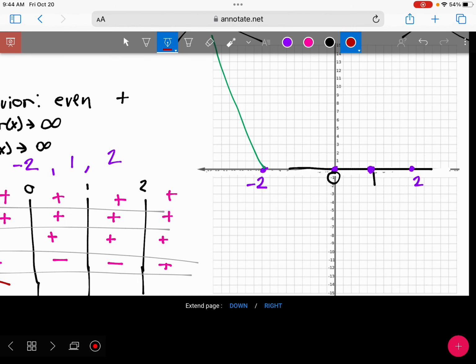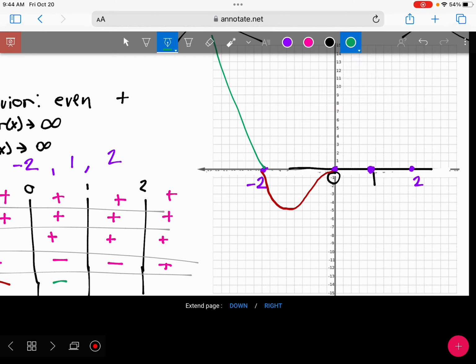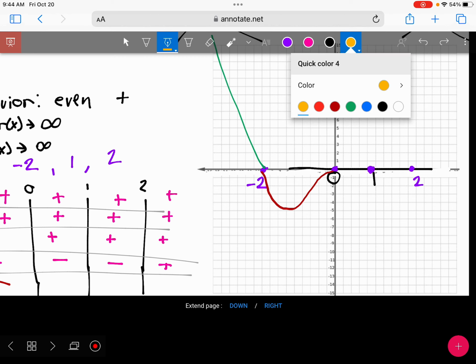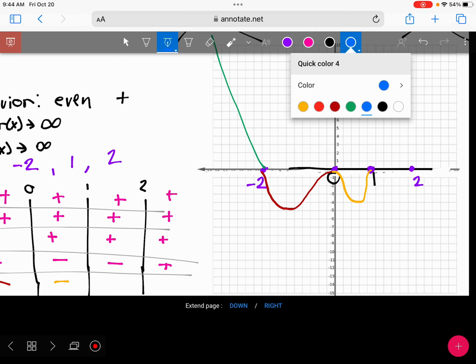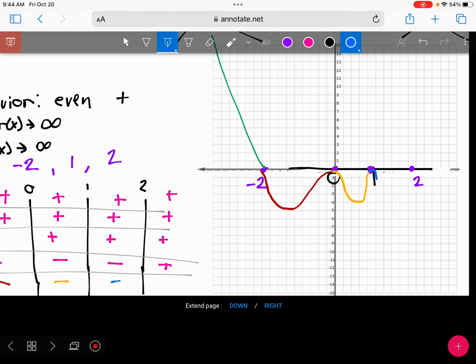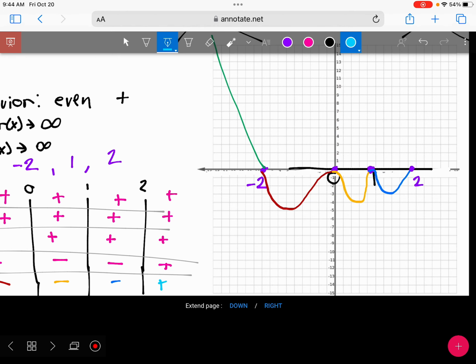So between negative 2 and 0, it's negative. How about between 0 and 1? Negative. Oh, no, I already did green. Let's do yellow. So it's going to go down. How about between 1 and 2? Negative. How about bigger than 2? Positive. Okay?